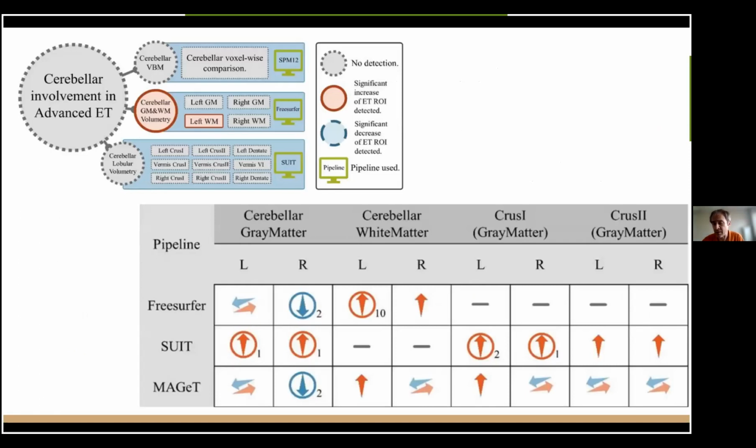And in fact, after looking at the different pipelines and different ways of computing the involvement of the cerebellum and the different structure of the cerebellum in essential tremor, we didn't find a very consistent result. Which basically says, the meta-analysis may be correct in terms of what they found, but it doesn't mean that that result is solid.